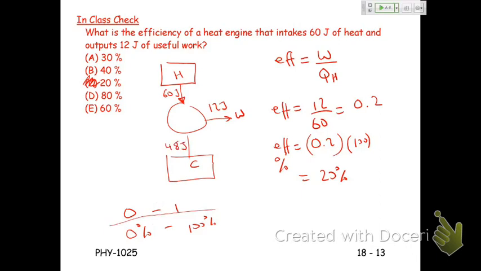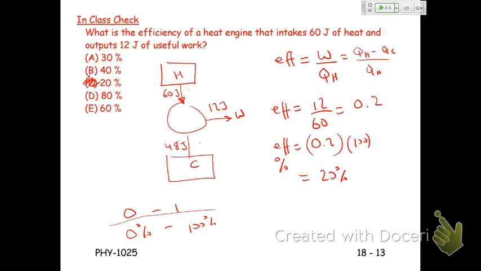I could give you the 60 and the 48, and then you'd work out the 12. Yeah? So I could do that as well. I could say this equals Q hot minus Q cold over Q hot. And then I know my Q hot, I know my Q cold, and I've not mentioned the 12, but you can do it that way.